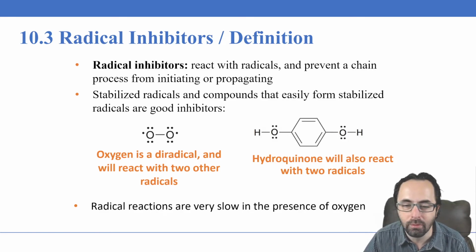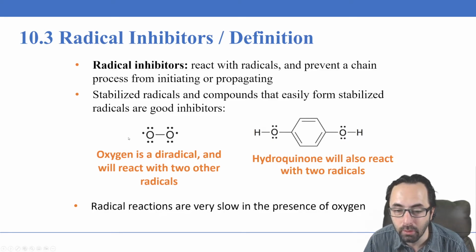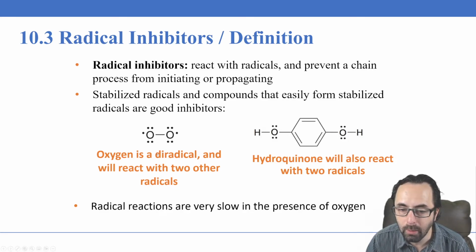The process of doing metabolism and also being outside and exposed to UV rays all produce some radicals in our body, and so natural antioxidant molecules are those that will react with those radicals to produce stable molecules, so that those radicals don't go and try to react with our structural materials or our DNA and alter those molecules, because altering your DNA, getting a mutation, that's the kind of thing that leads to cancer. So one example here is oxygen.